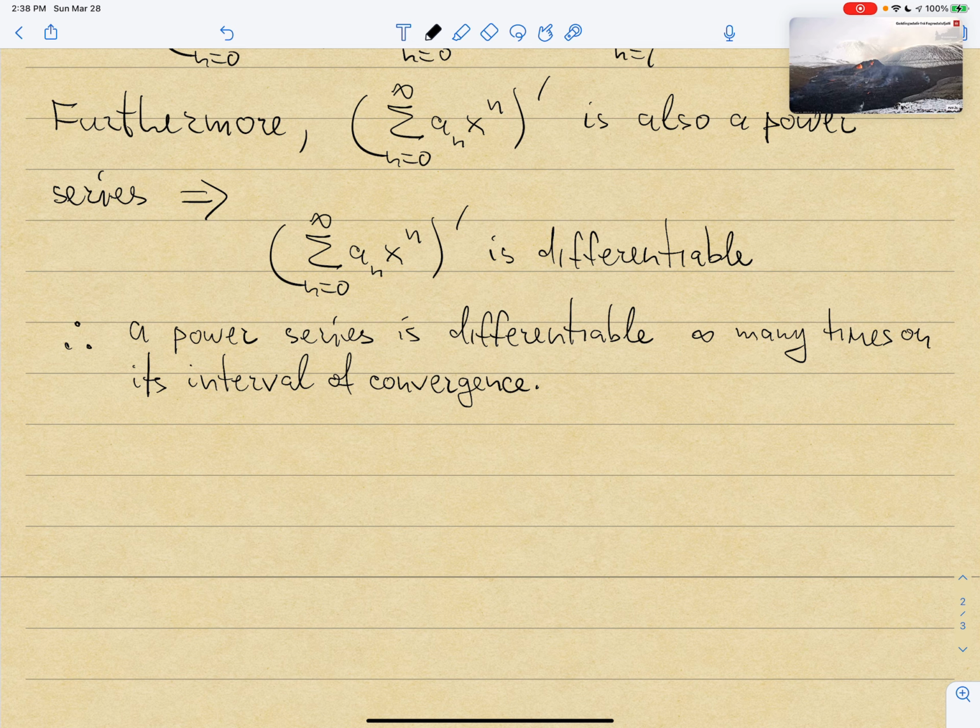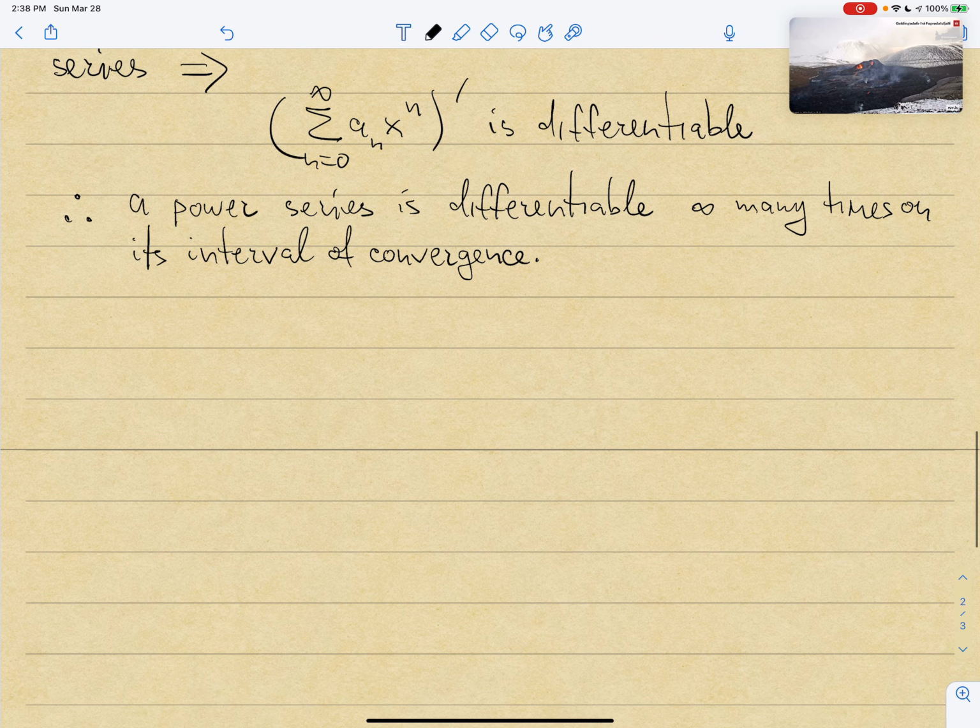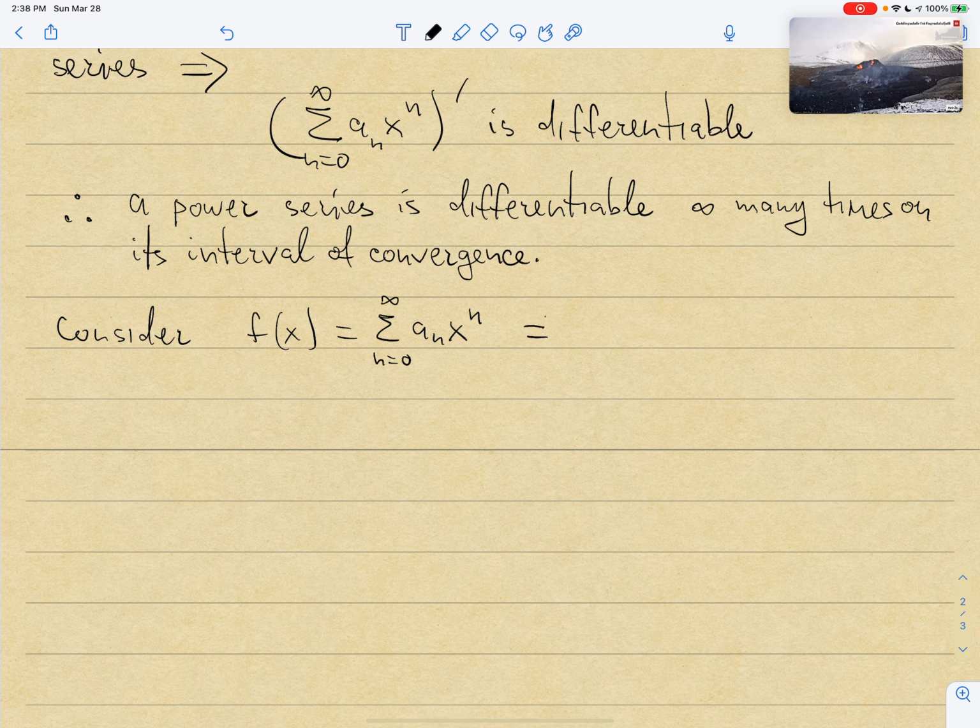Well, now let's try to compute a few derivatives and see what we get. So let's consider f of x equal to a power series sum of an times x to the power n. Okay, so then from here I can see that f of 0 is going to be what?